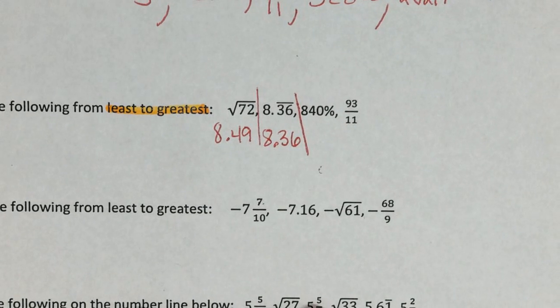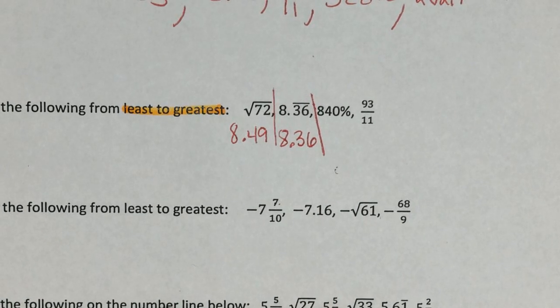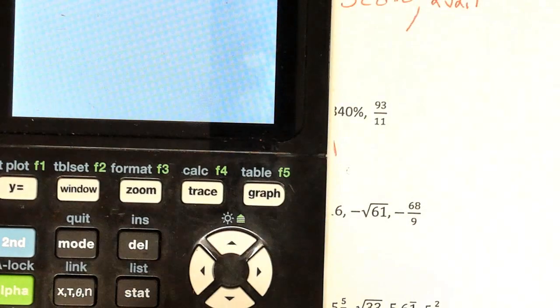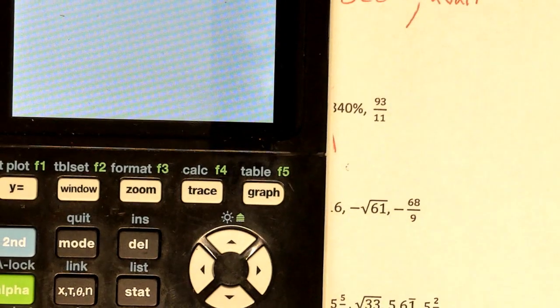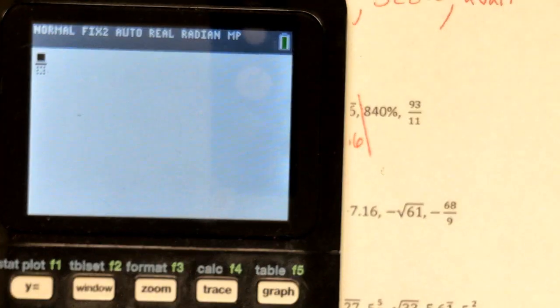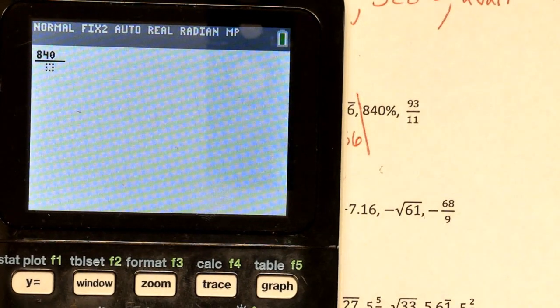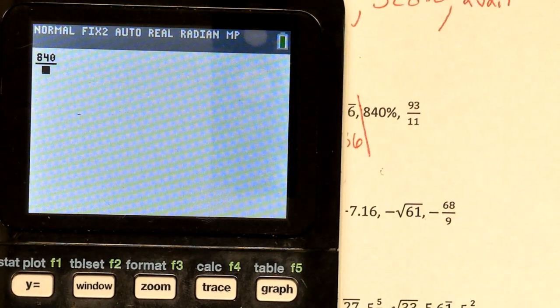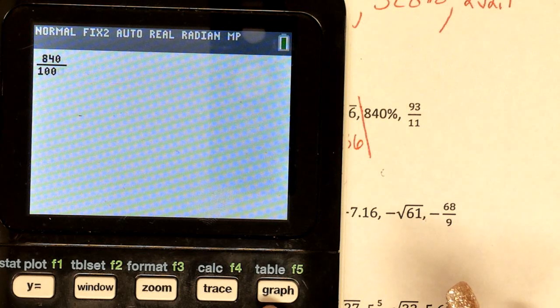How do you change a percent to a decimal? Put it over 100. Here we go. Alpha y equals option 1. What's going to go on top? 840. What's going to go on bottom? Arrow out.